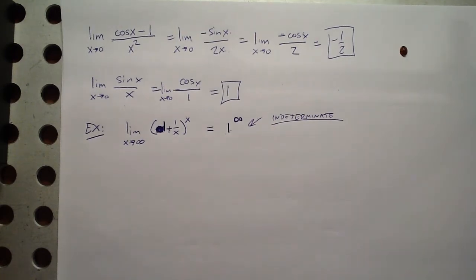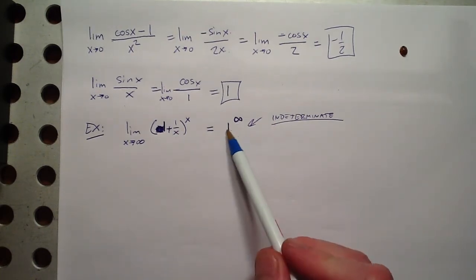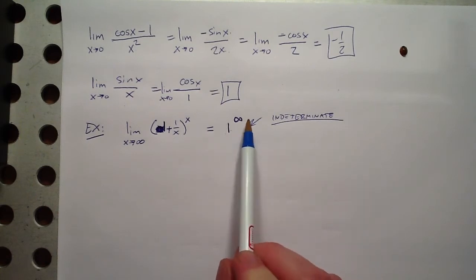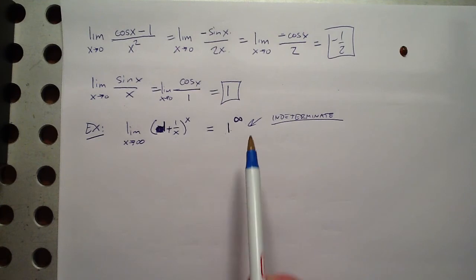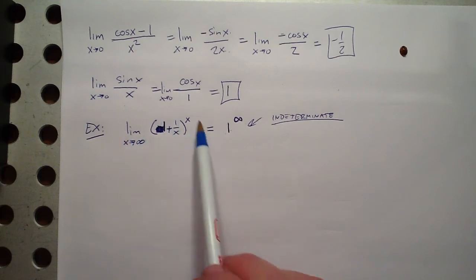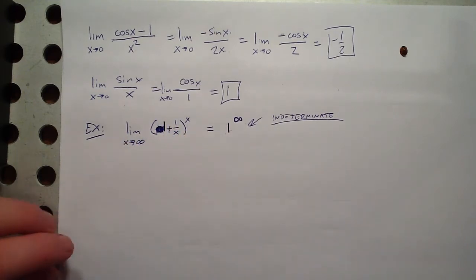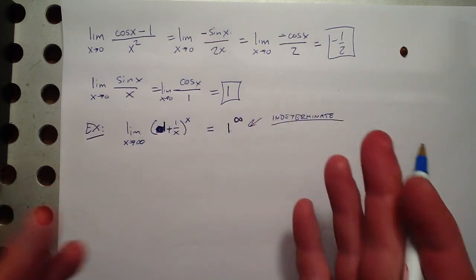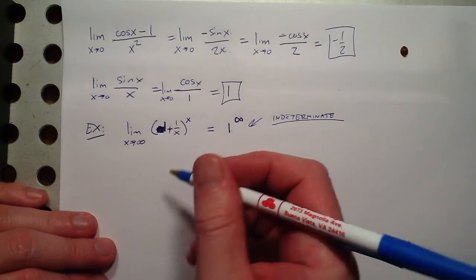So the trick is here, this is not the kind of indeterminate form that L'Hopital's rule can deal with. L'Hopital's rule likes 0 over 0 and infinity over infinity. So somehow we need to do something to this to make it into one of those. And this is how we're going to do it. We're going to make an equation out of this so I have two different sides to work with, okay?